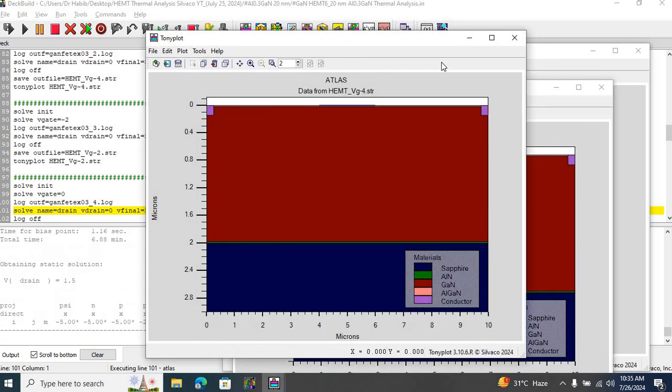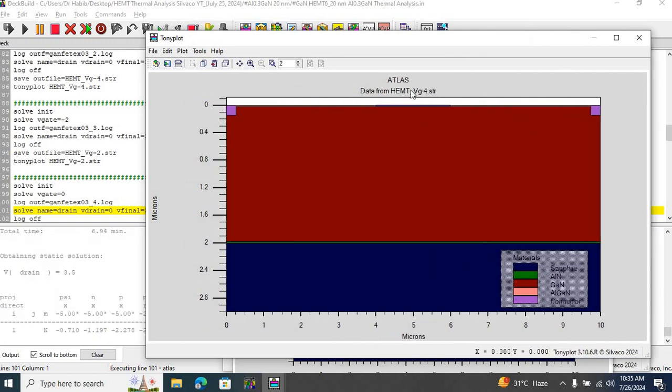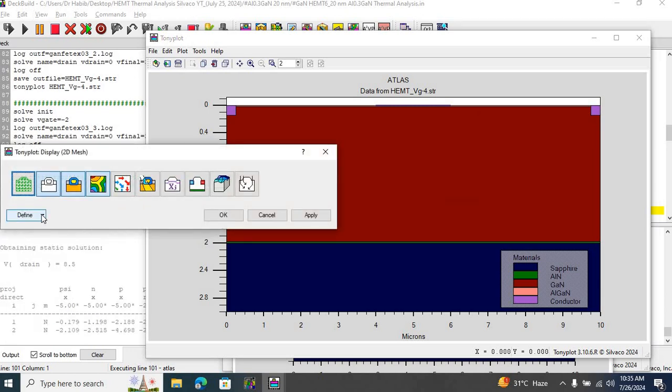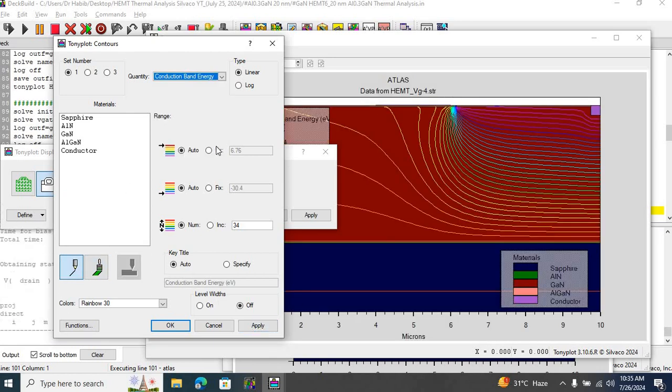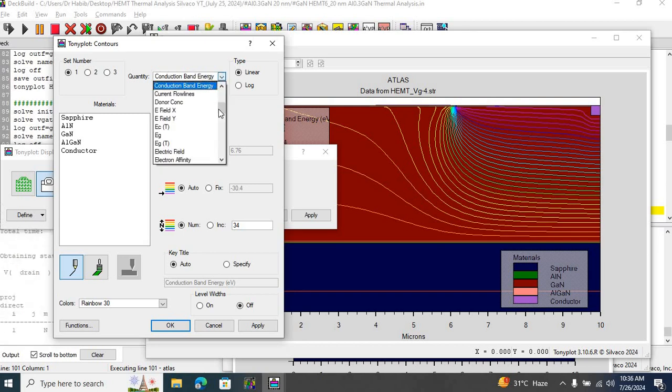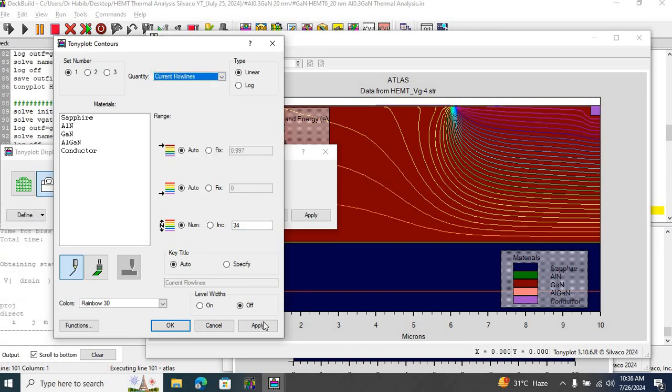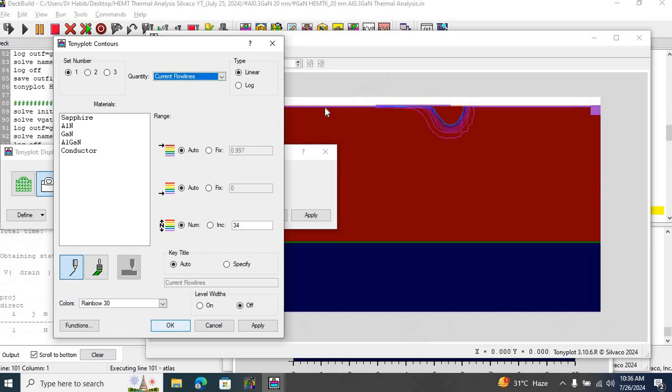Then if you focus over here, this is the same structure at a gate voltage of -4 volts. Once again, we go to display contours and look at the current flow lines, not conduction band energy but the current flow lines, and hit apply.